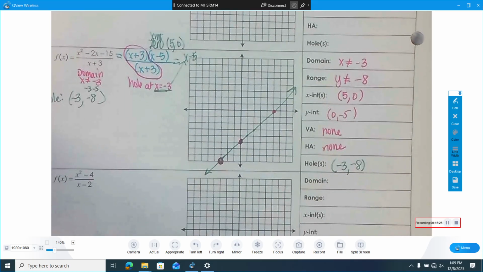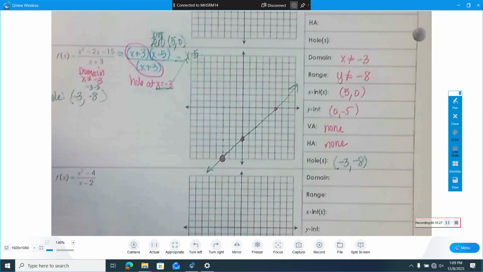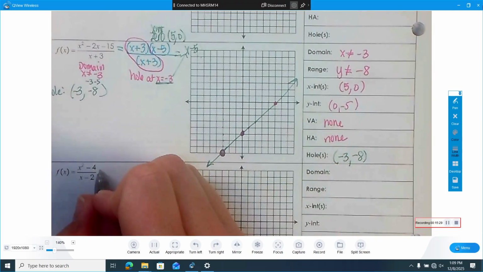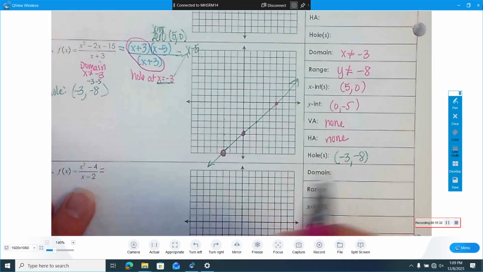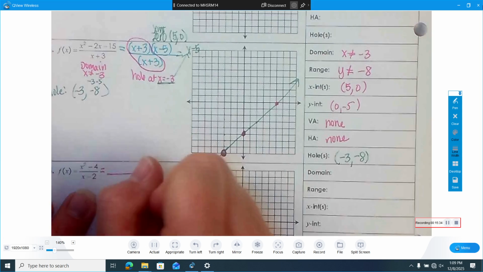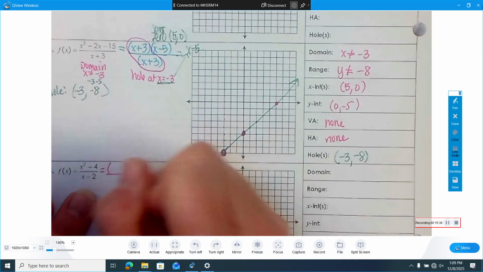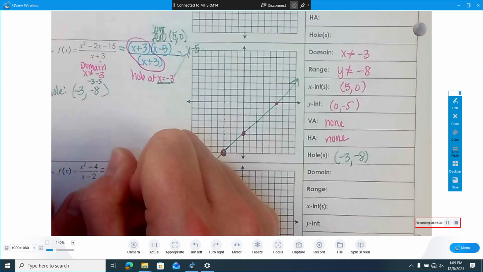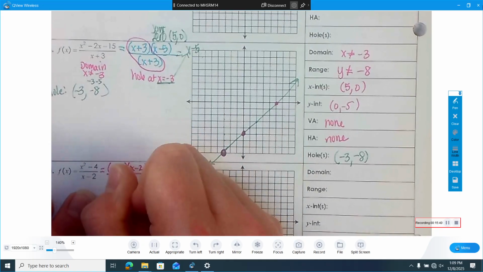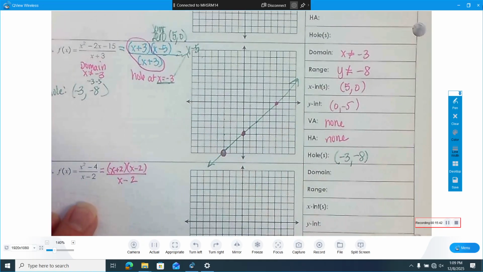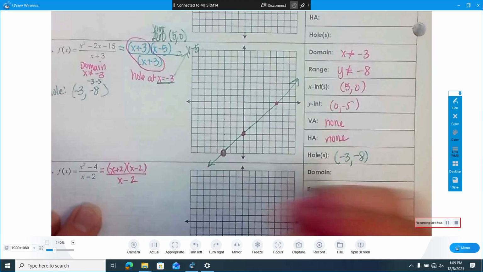So let's look at number 4 again. What should we do first? Factor, if I can, yeah, which I can. Yeah, x plus 2 and x minus 2 over x minus 2. And we notice right off the bat, what do we have?